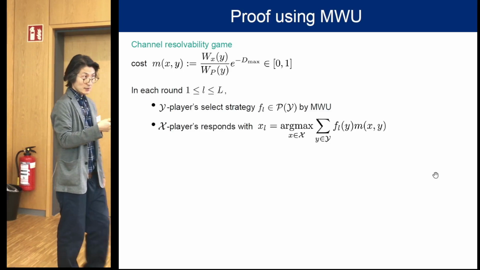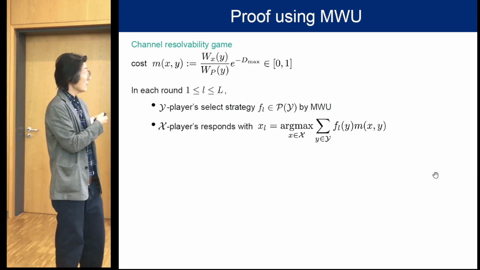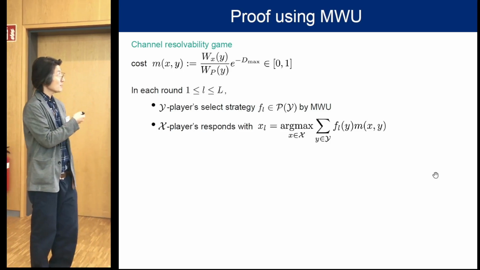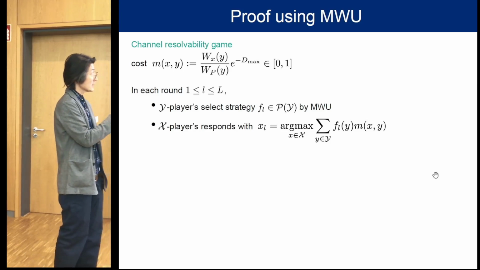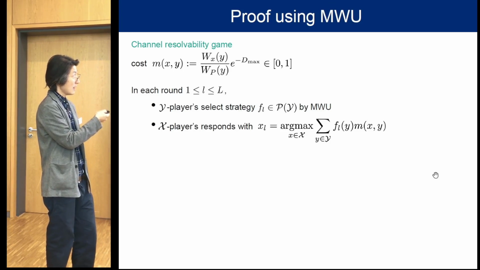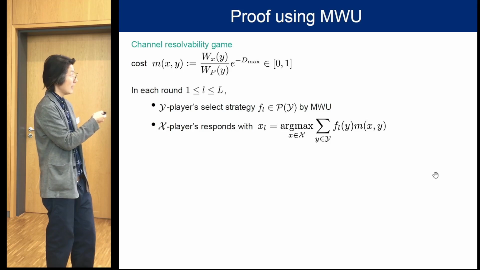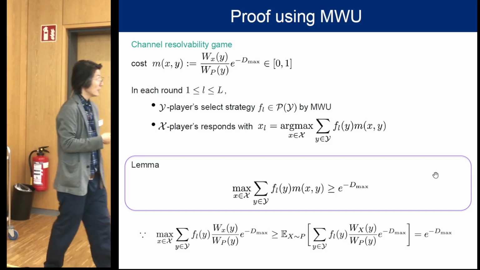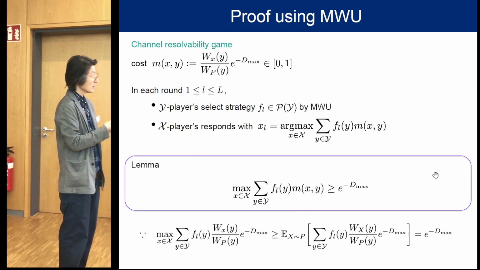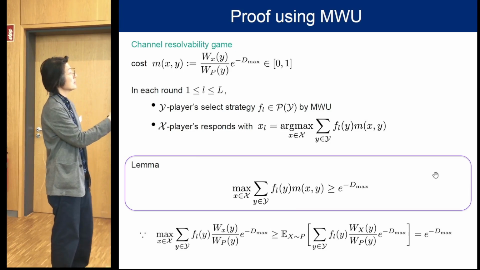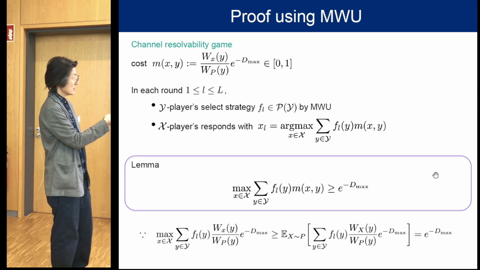And then in each round, first, Y player selects mixed strategy FL by the MWU algorithm. And then X player responds with XL, which is given by the argmax of this average cost with respect to FL. And we can verify that this max of this average cost with respect to FL is as large as e to the power minus d max.